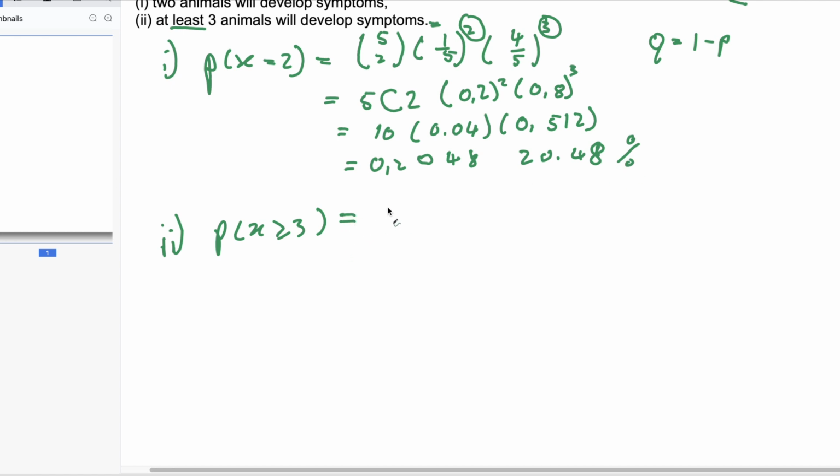Okay, now let's work with this one. This one is very interesting, because basically it means that you have to add the probability of P of x equals 3, not forgetting 3, plus P of x equals 4, plus P of x equals 5.